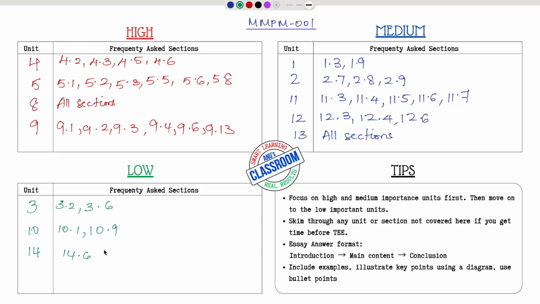You should be able to write something or the other. You should have read it at least one time so that you can write something and maybe get at least 5 or 6 marks from it. So that is why I'm saying skim through any unit or section that I haven't covered here, depending on how much time you have before your term end examination.